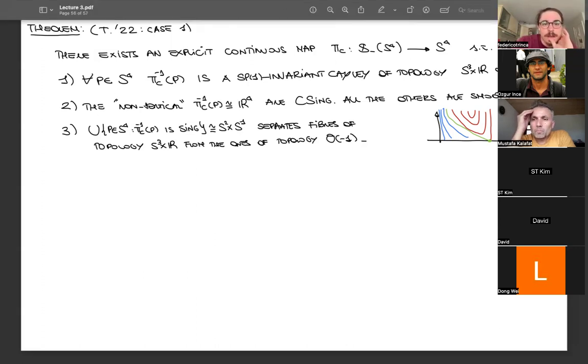So the point is that the non-vertical fibers that are topologically R4s, that are represented by this line here in green, are conically singular, and they essentially separate the two different topological types of Cayley's that you can get.